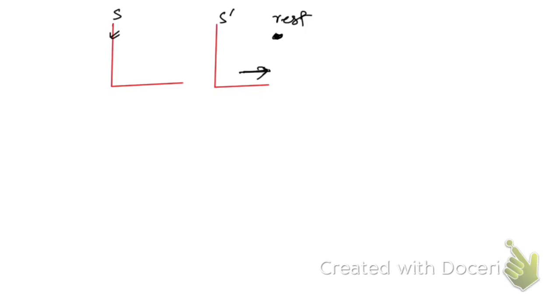The object is at rest and its acceleration is 0 with respect to S, so there is no relative acceleration, and S will be called an inertial frame. On the other hand, S dash is an accelerated frame, so the object appears accelerated with respect to it, so it will be called a non-inertial frame. That's it.